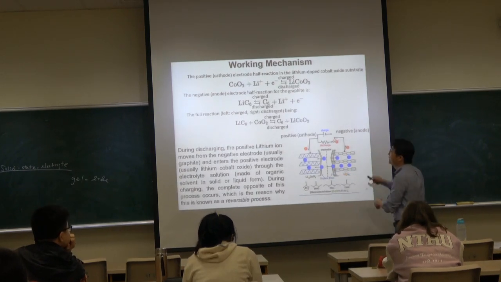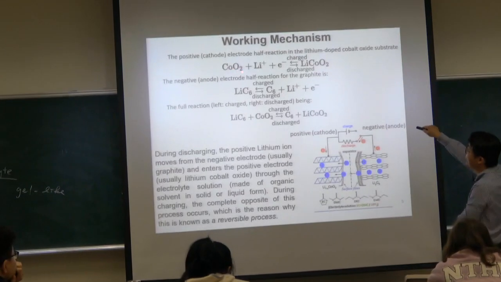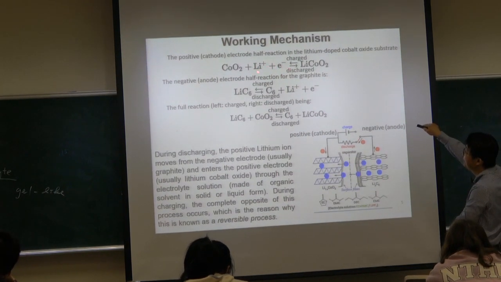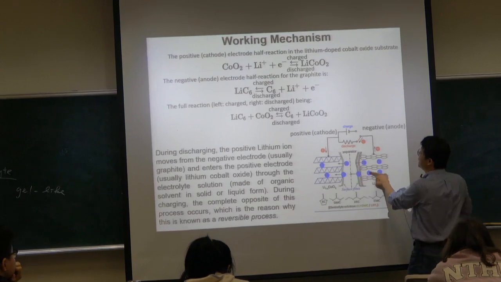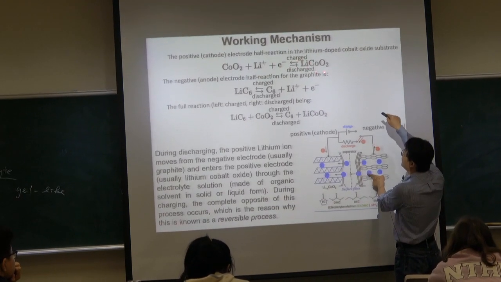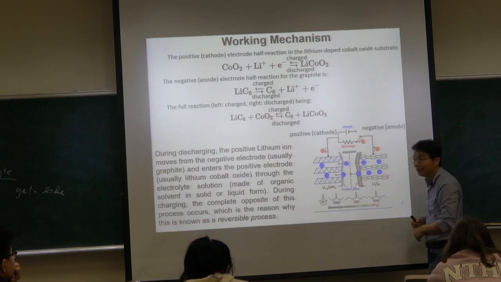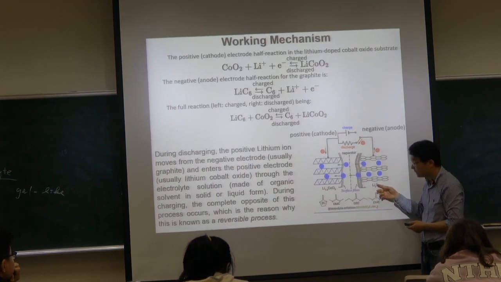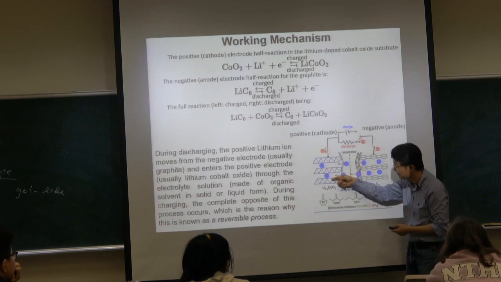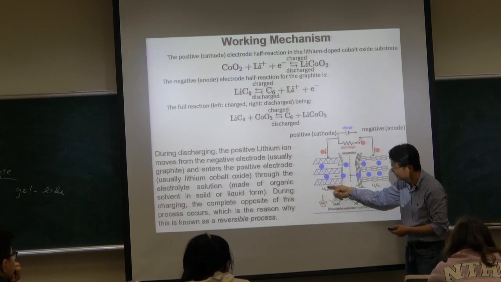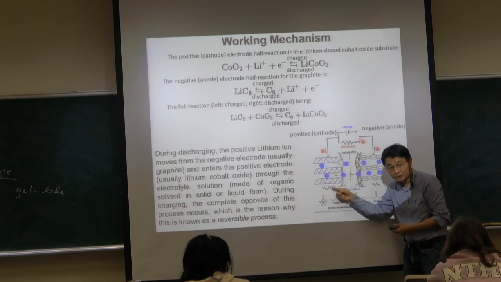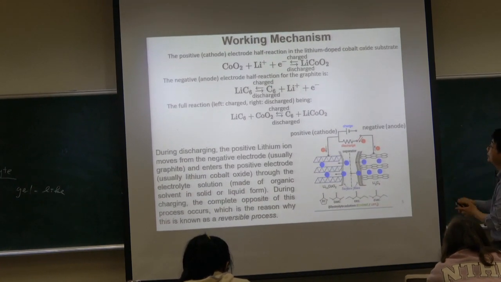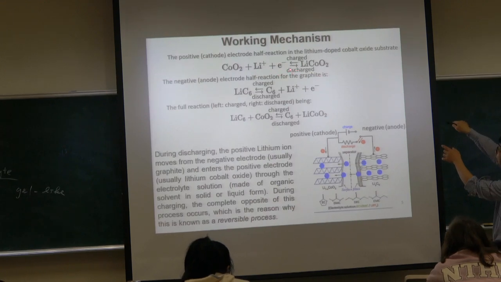So as you can see, the lithium copper oxide releases the lithium, and then the lithium diffuses to form the lithium copper oxide. Is that okay? So this is the one reaction we call the discharge.